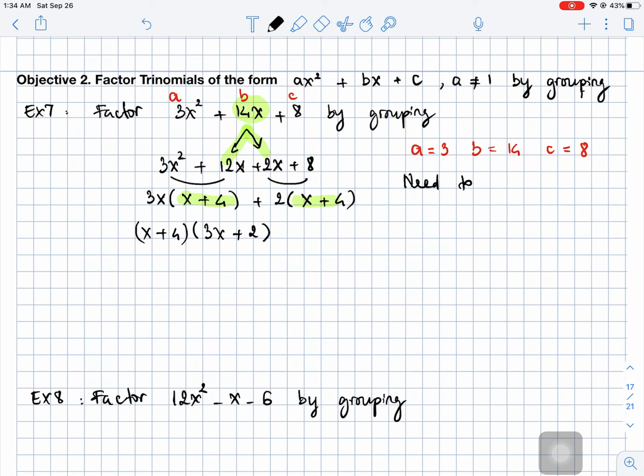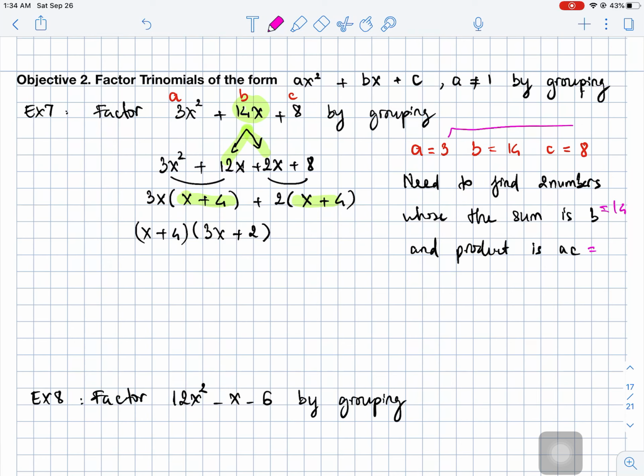Then to find the numbers, we need to find 2 numbers whose sum is B and product is AC.